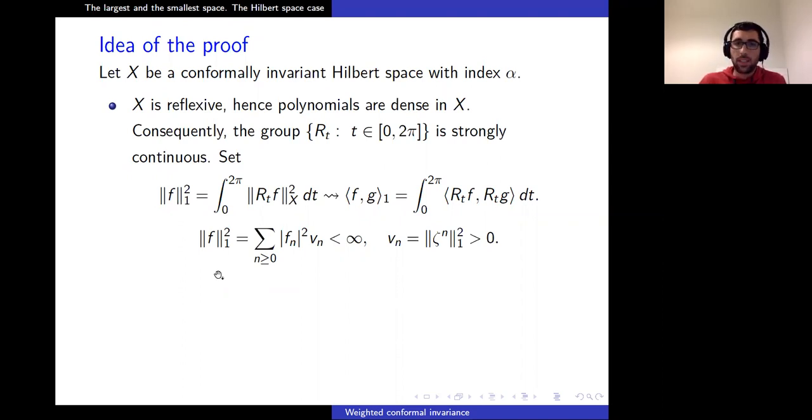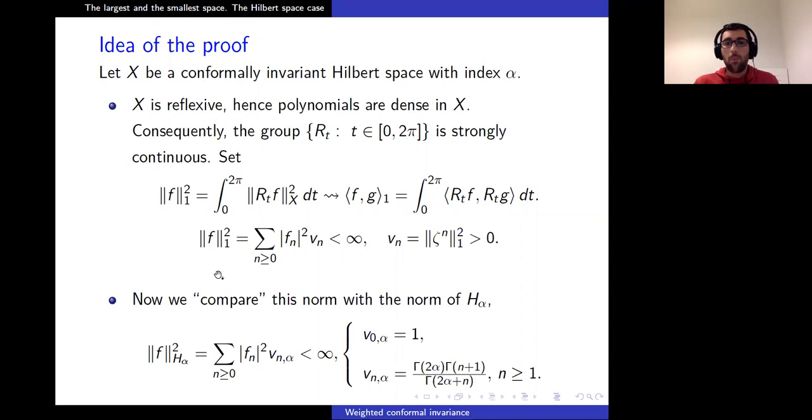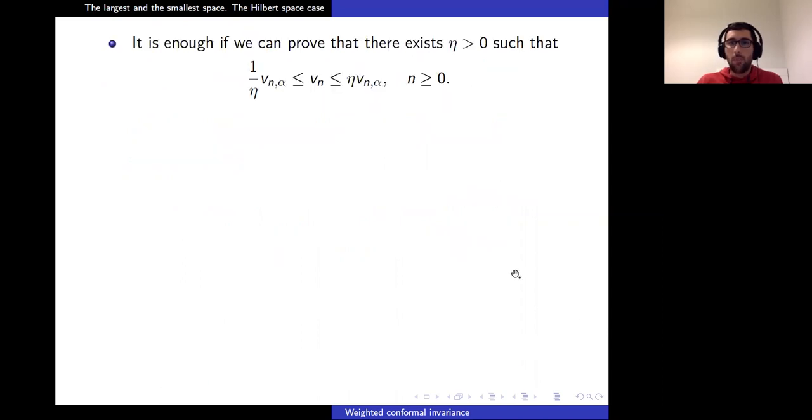So now the strategy is to try to compare this equivalent norm with the norm of the space H alpha, which is given by this formula. To do this, it is enough if we can prove that these two inequalities hold for every n greater than or equal to 0.